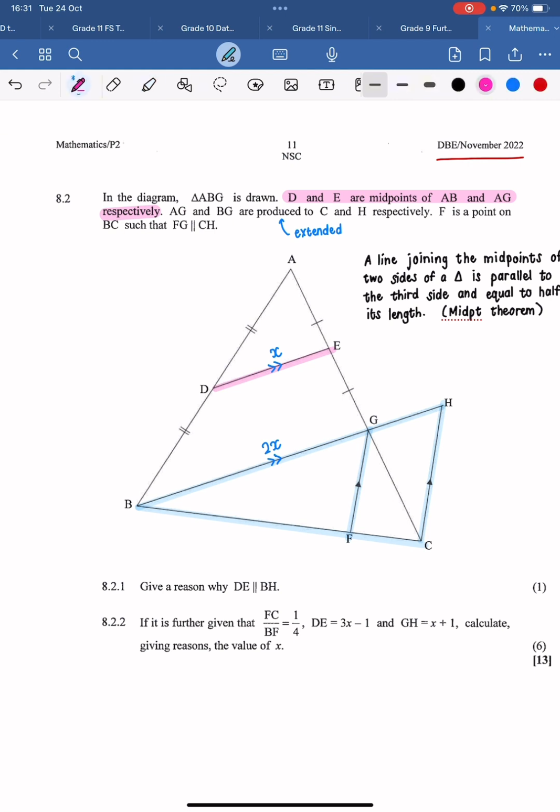Now guys, what I do with this, and this is very important, please don't fill in 1 and 4 on your picture, because then it looks as if you are saying that FC is 1 unit and BF is 4 units. It's not necessarily. That just means that whatever the actual lengths of those sides are, if you write them as a fraction, that fraction will be able to be simplified to a quarter.